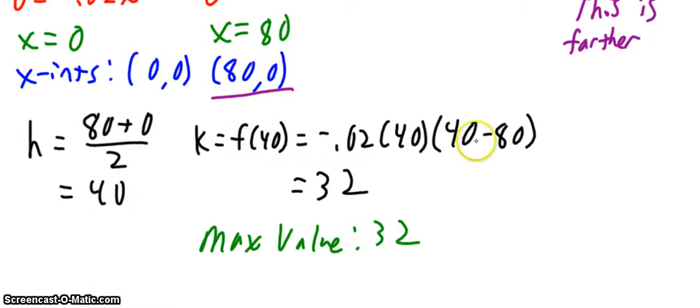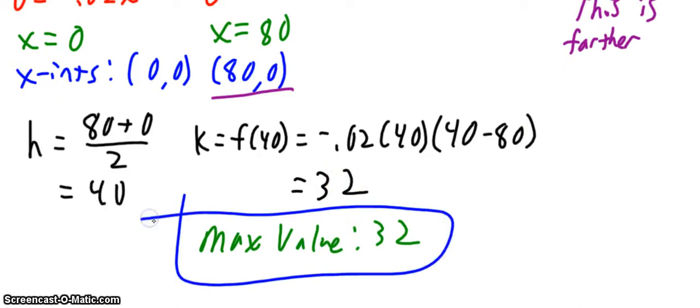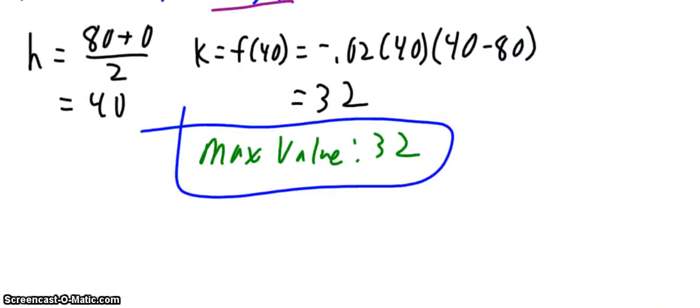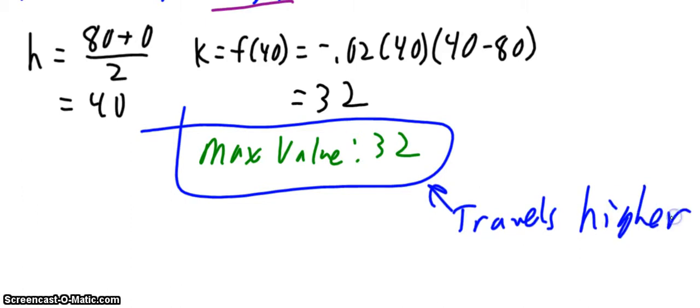Then I plug that back into the original equation, and I get 32. So this value is higher, or larger, than the maximum of the graph, which was 25. So this travels higher.